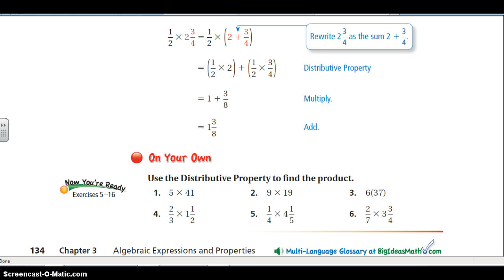Number 2 is 171. 9 times 10 and 9 times 9. 3 is 222. 4, 1. Remember, you split apart the 1 and the 1/2. Those should be in parentheses with a plus sign between them. Number 5, 1 and 1/20. And number 6, 1 and 1/14.